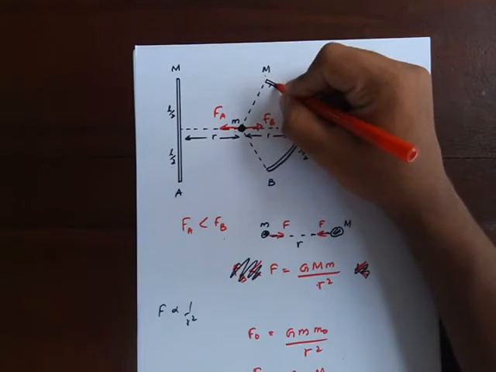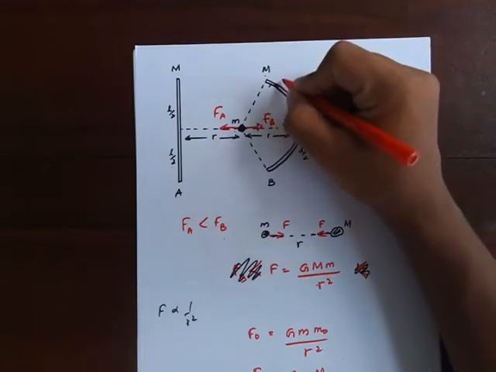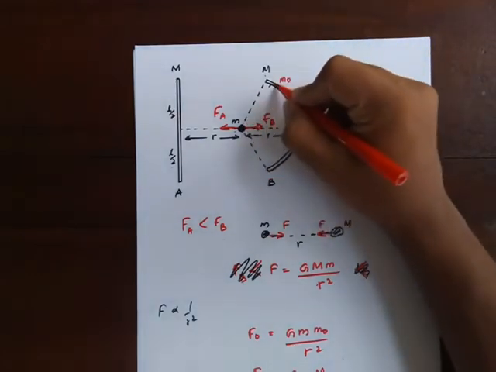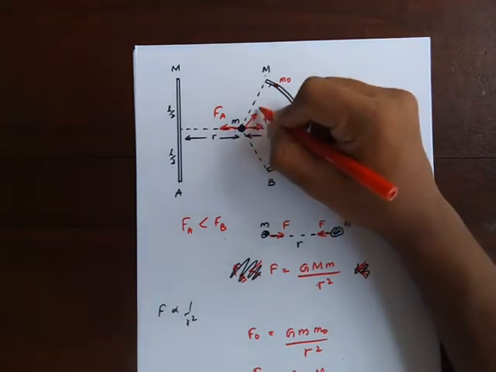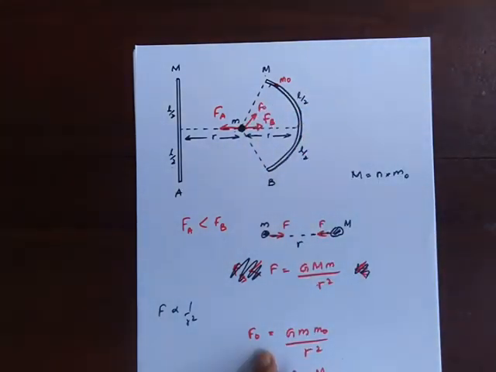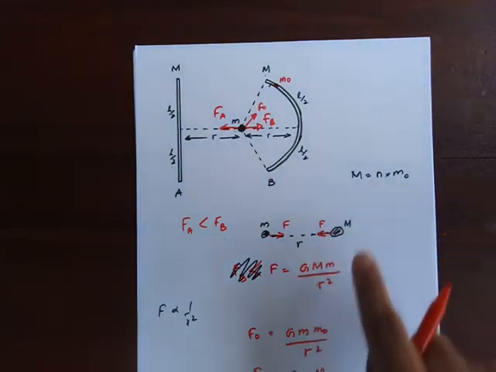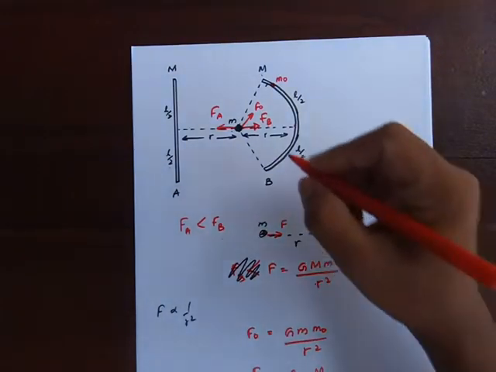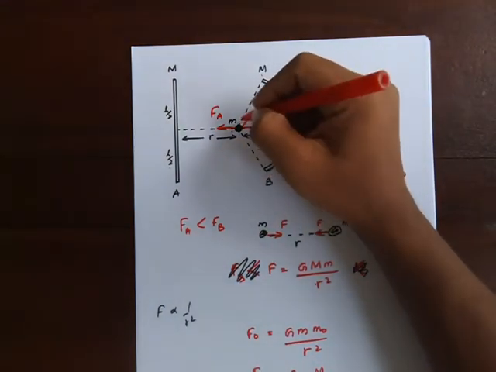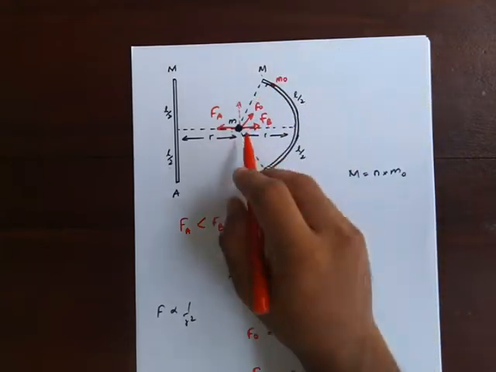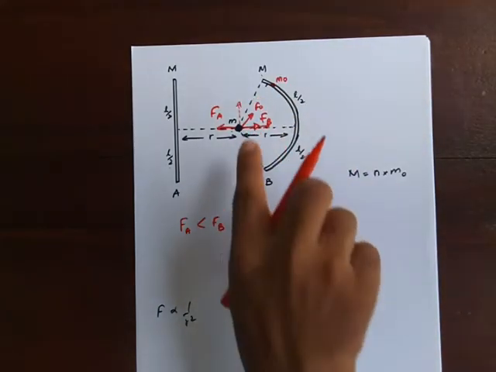If I consider here a point mass m naught, and the gravitational force between these two I can write as F naught, which is G m naught over r square, and from this we know m naught is m over n. But what we have to do is resolve this into a vertical component and a horizontal component.